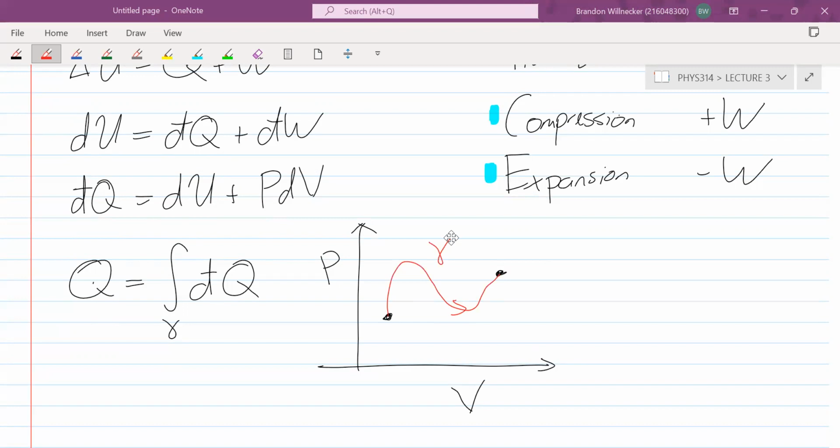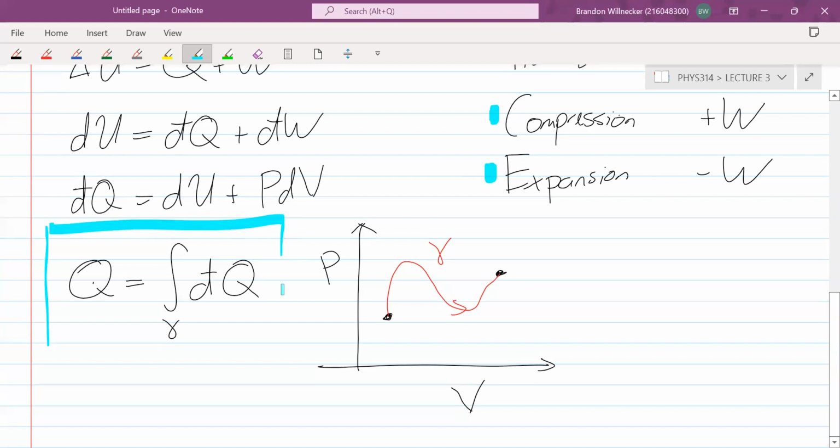If it's minus, then the system lost heat, the energy goes down. Okay, but that depends on the path taken and what states you end up at. But this is how we are going to calculate the total heat transferred. Okay, any questions on that?